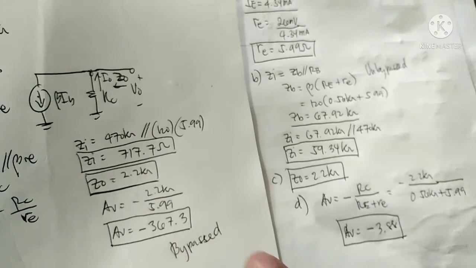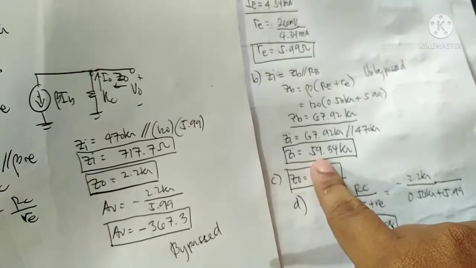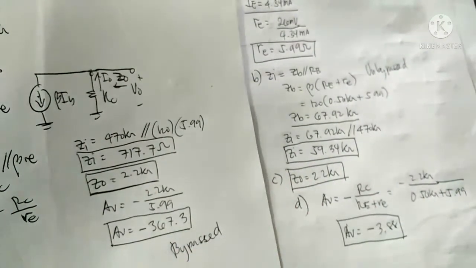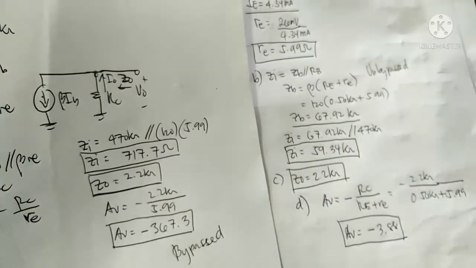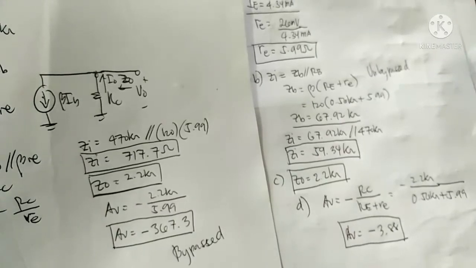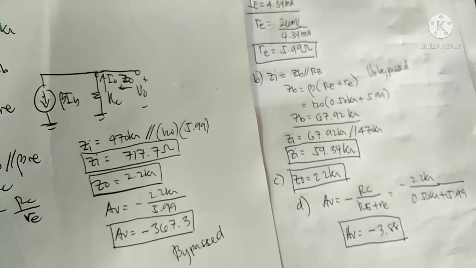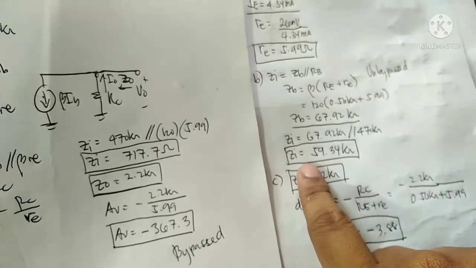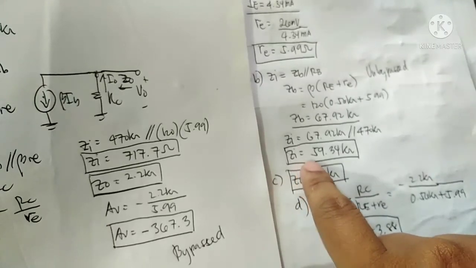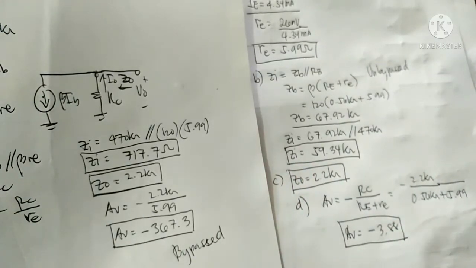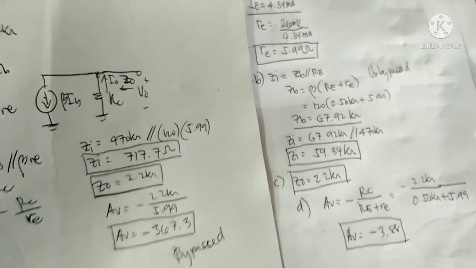So the first stage should have the higher impedance, and the last stage should have a greater voltage gain, in order to compensate for the disadvantage of both configurations. So this is for the unbypassed and the bypass capacitor. Like what I've said, the higher the input impedance, the better the amplifier can perform, no? So that's it for today.